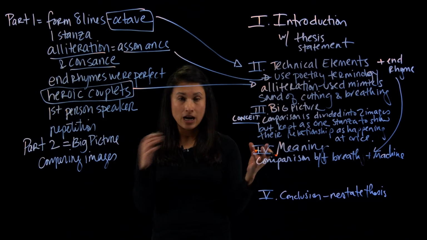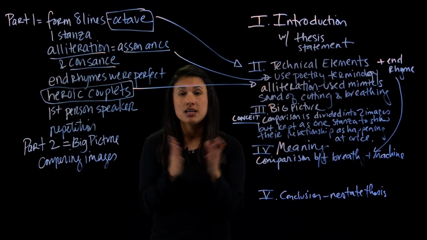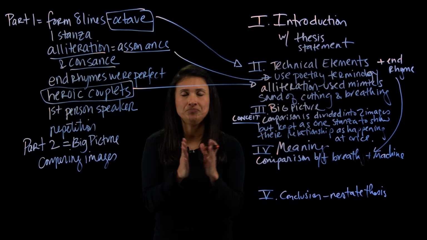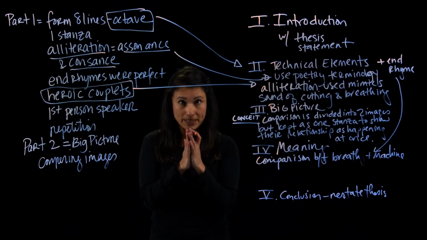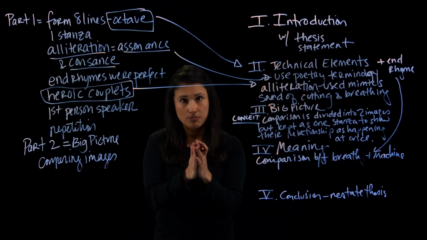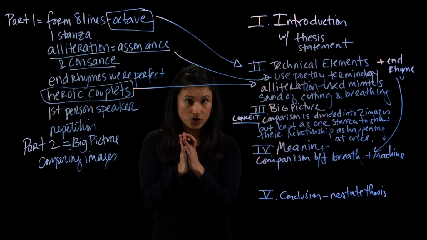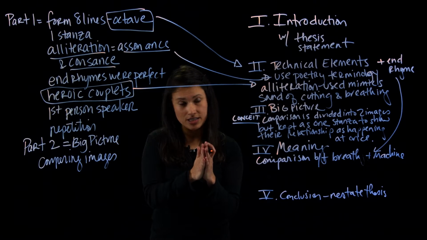Therefore, the larger meaning of having the images smashed together shows that Toomer, or the speaker, would like the reader to see these two things as coexisting or happening at once. But he is making a delineation between the silence in the first part of the stanza versus the noise in the second part of the stanza.